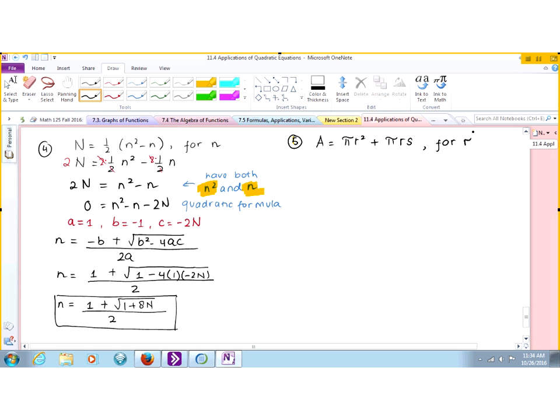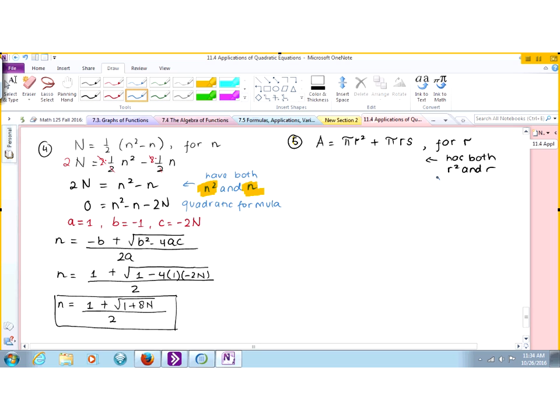And what do you notice here? Yes, so pi r squared and pi rs. So it has both r squared and r.